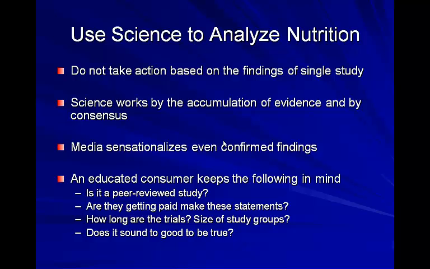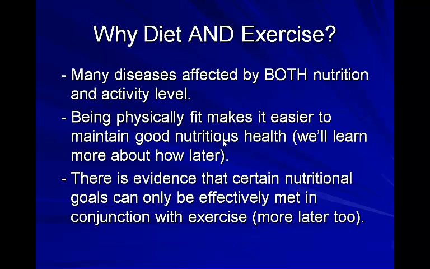Did the FDA evaluate it, or have those statements been evaluated by any sort of government organization? Was the research done by an objective, non-biased university study, or did the company who's making the pill pay to do the study? So all those things are important to look at.